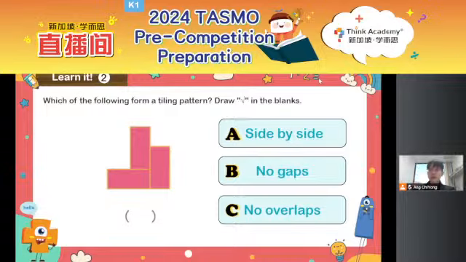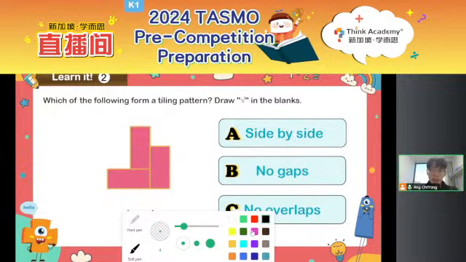We put 3 small rectangles together to form another shape here. Now you ask yourself, are they side by side? Yes, they are side by side. So this is a tick.